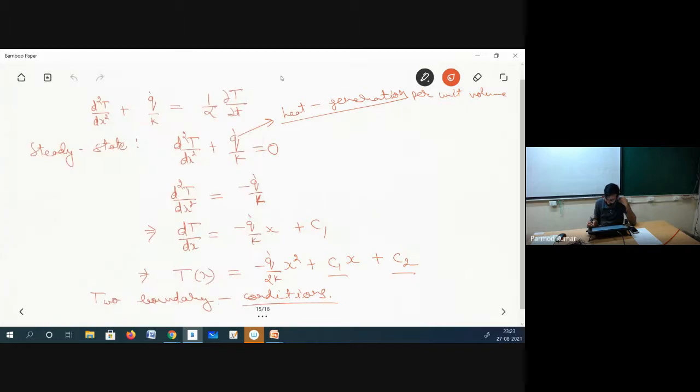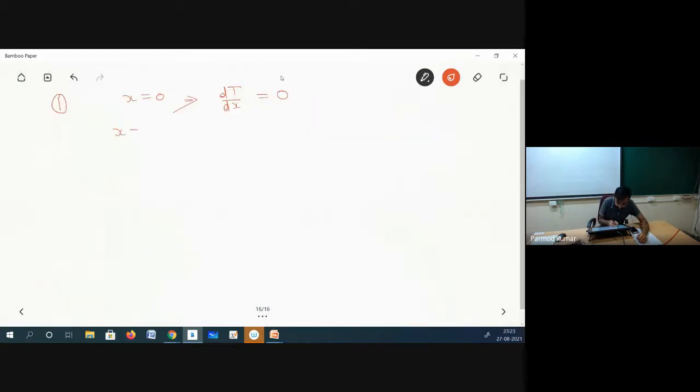So I can write the second condition at x equal to 1.5 centimeter, Q conduction equal to Q convection. Q conduction is minus kA dT by dx, calculated at x equal to 1.5. And what is Q convection? hA into T at x equal to 1.5 centimeter, that is the temperature of the surface, minus T infinity.